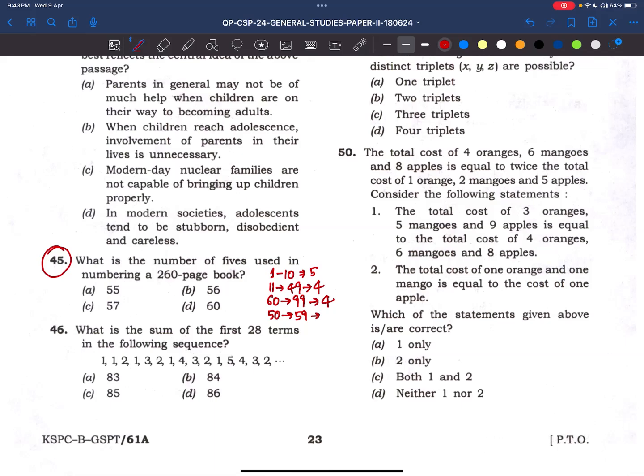Now from 50 to 59 is 10 numbers, right? And in 55, two 5s are there. So 10 plus 1 extra 5, so 11. How many so far? 9, 20, right? That means from 1 to 99, there are 20 fives.